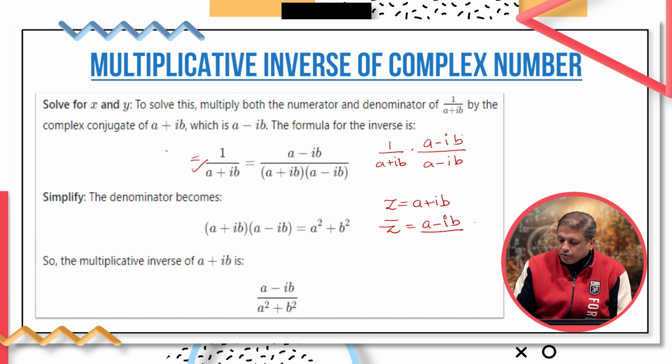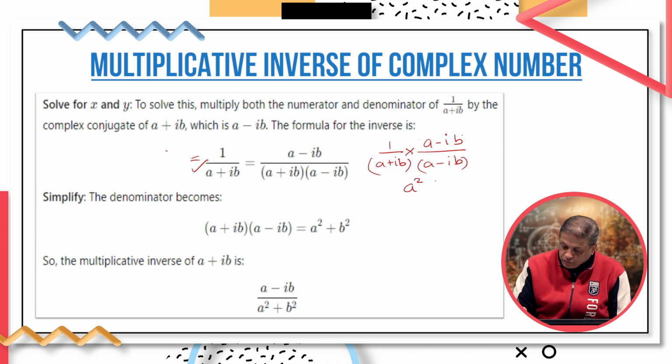The sign of the imaginary part is reversed. So by multiplying it with its conjugate, we will get this. Now, when you multiply a plus ib with a minus ib, it turns out to be a square plus b square.